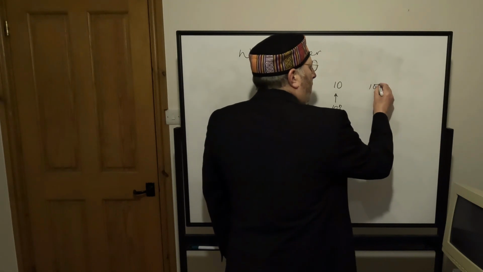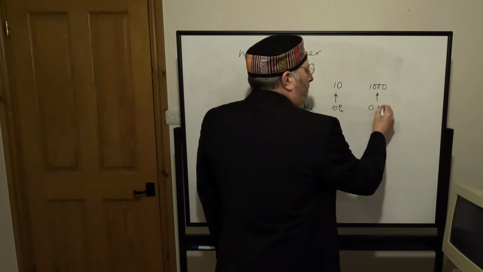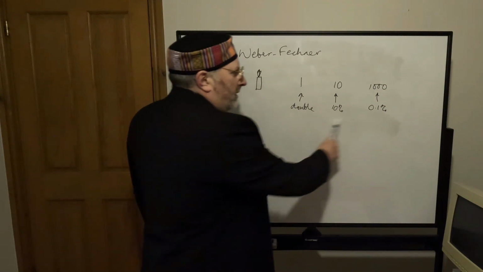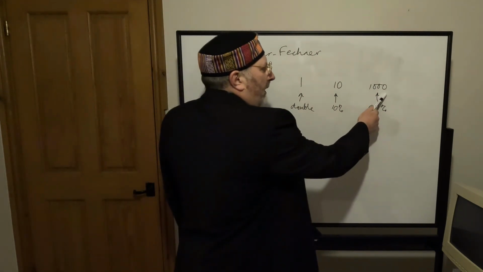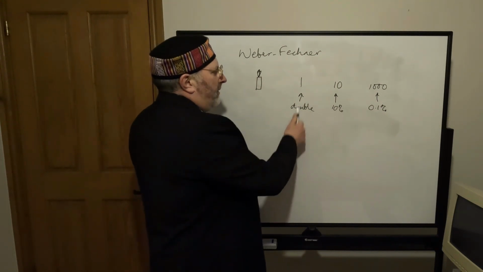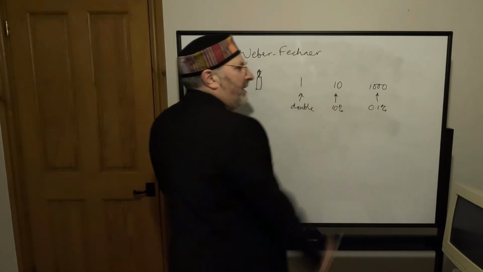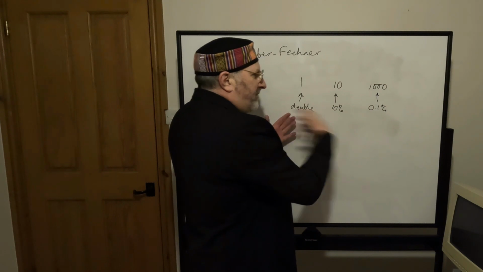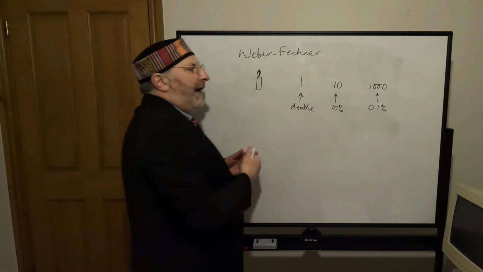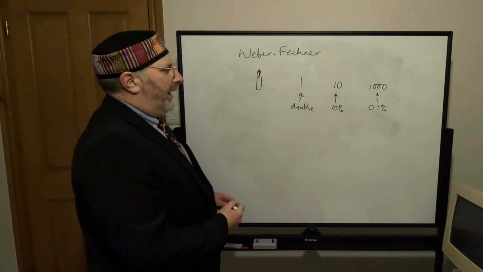And if you've got 1,000 candles, you've added only 0.1% extra light. This would explain why, if you've already got 1,000, you're not really going to notice the difference, but with one candle, you are. Here it's a doubling, here it's 10%, here it's 0.1%. Our sensitivity depends on this fraction, not on the fact that it's one extra candle. You won't notice it if you've already got a large number there.